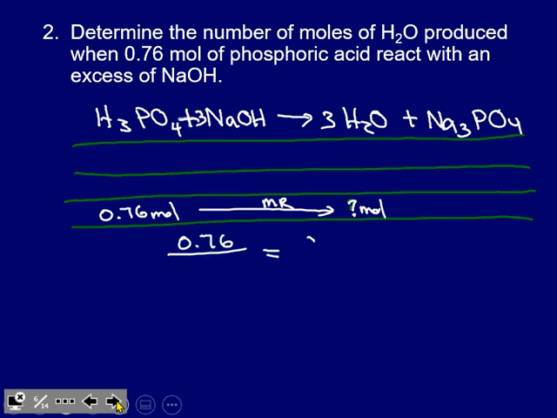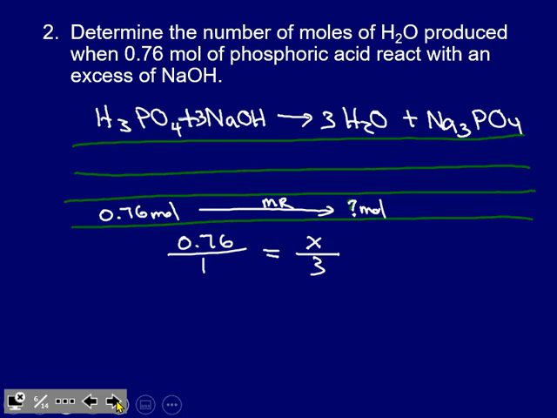Equals X over what? What am I putting where, Angel? 0.76. Yep. X over 3 from the coefficients. All right? I'm bringing the 3 to the other side, and I'm done.